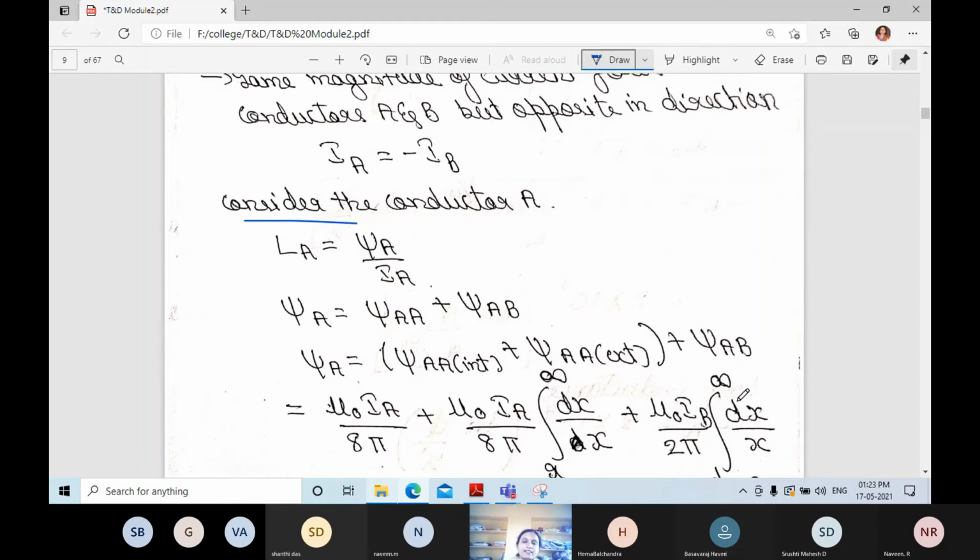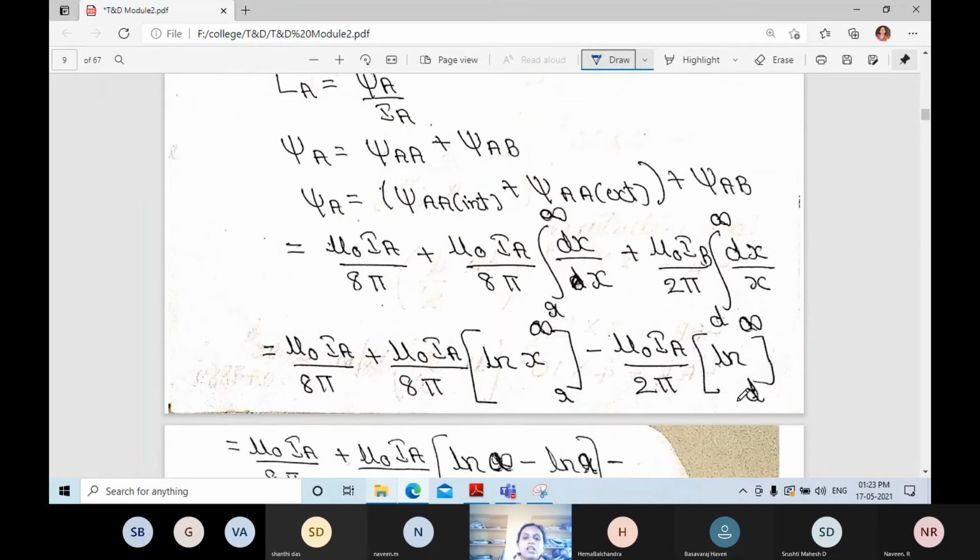For the first conductor A, which has radius r, the limit is r to infinity, and for the second, the distance between the two conductors d to infinity. So here mu naught IA divided by 8 pi; when you consider the first conductor, you get the radius to infinity.